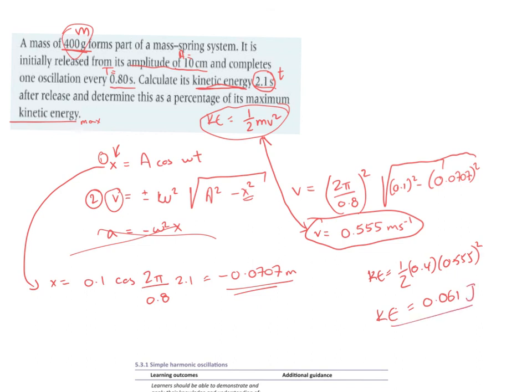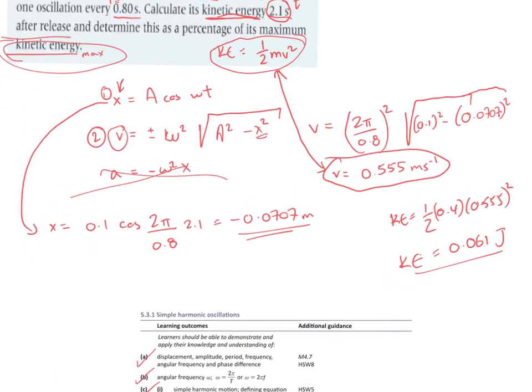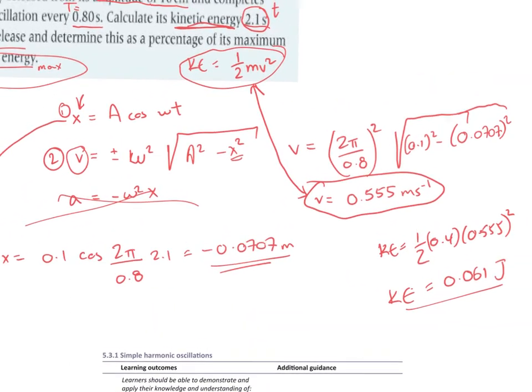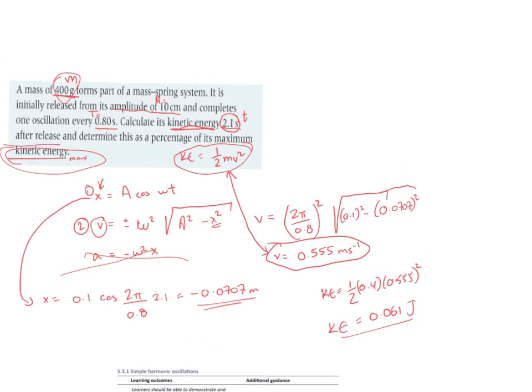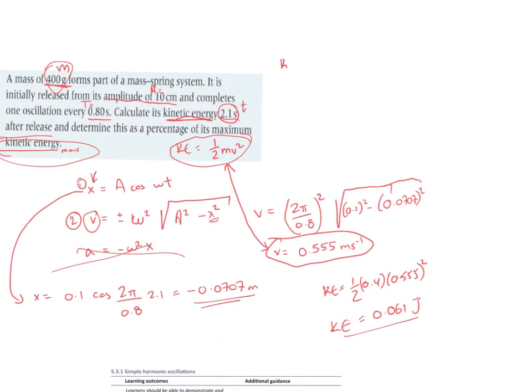I did calculate the kinetic energy at that point, but I need to find this as a percentage of its maximum kinetic energy. To remind you, we have seen the maximum speed, Vmax. That's the only way I can get the maximum kinetic energy, by getting the maximum speed.